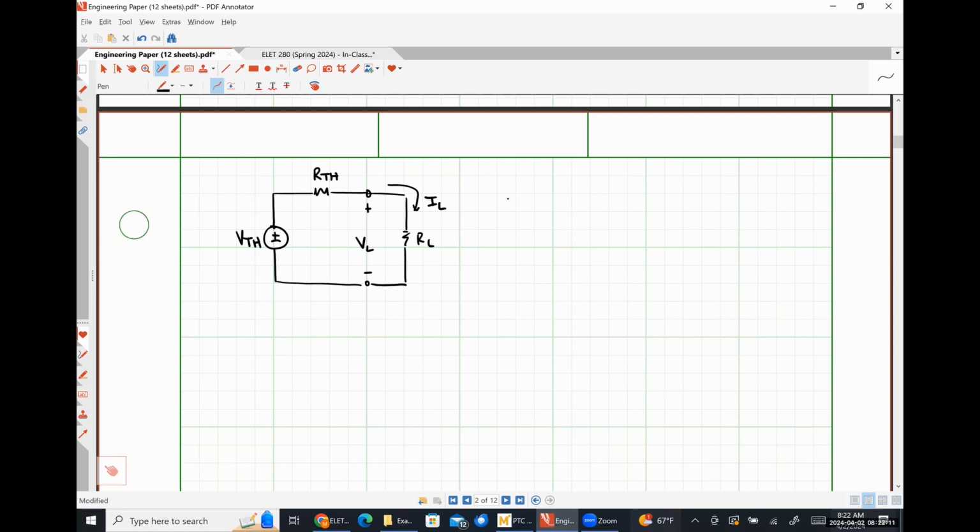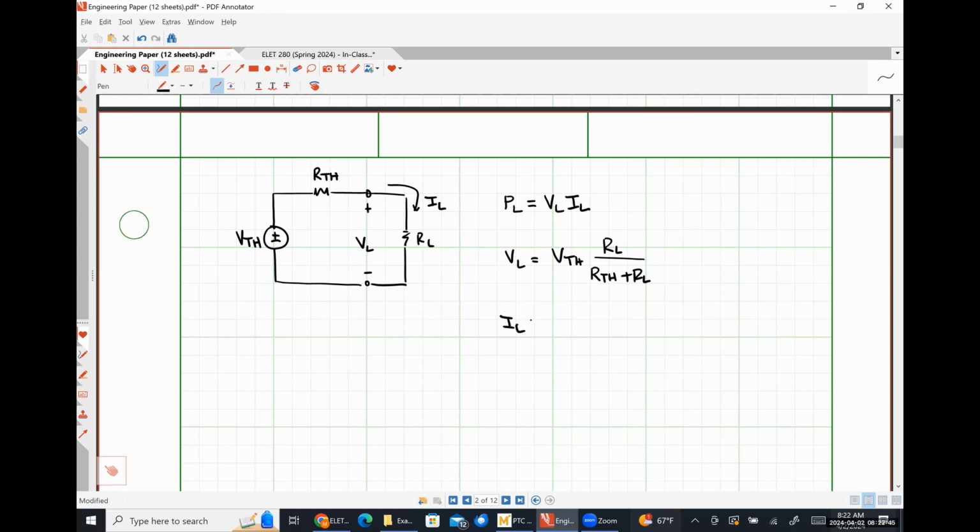And I want to develop a relationship for the power that is absorbed by my load resistance RL. So the power absorbed by my load resistance RL will simply be the product of the voltage and the current. Well, I can find that voltage VL by simply applying voltage division to this simplified circuit. So that's going to look like my Thevenin voltage times RL divided by RTH plus RL.